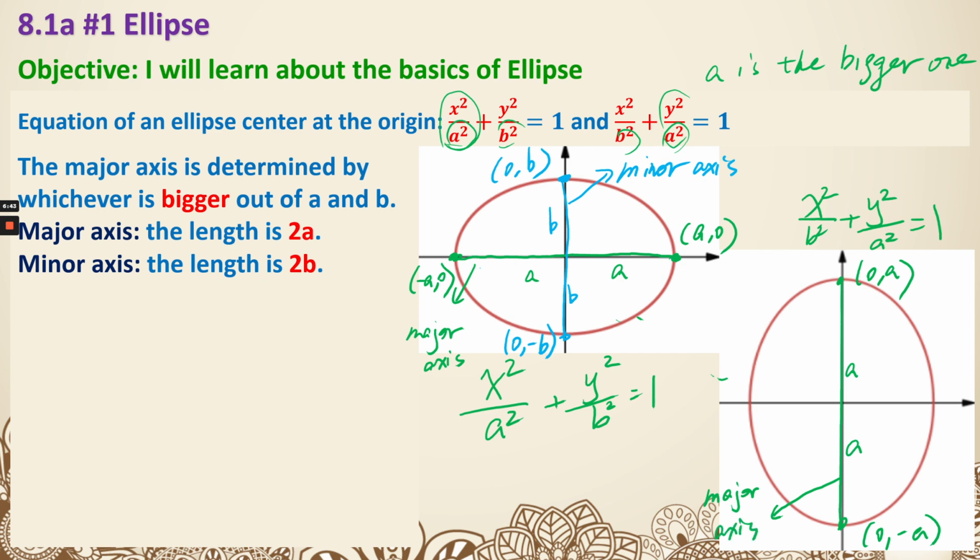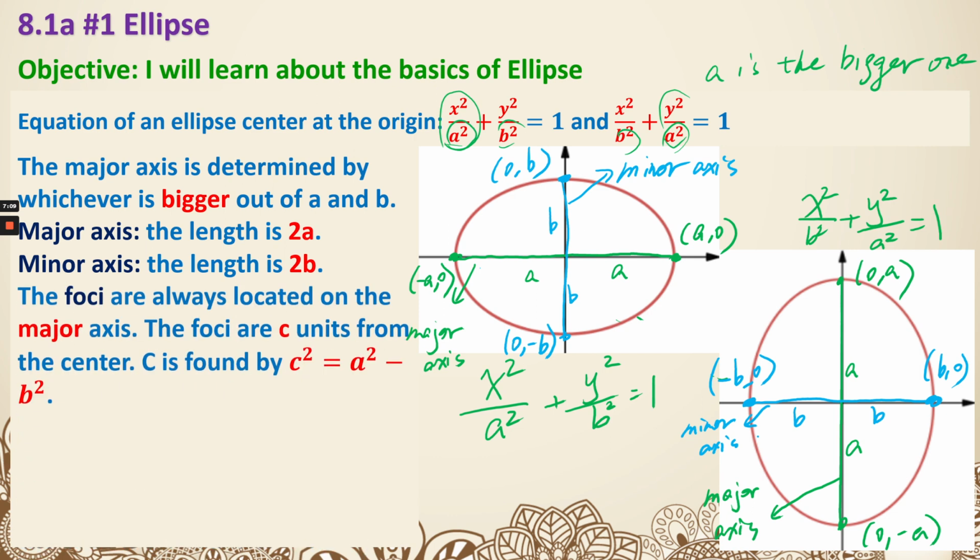Then, of course, the shorter one would be our minor axis. So from left to right, the length is b and b, so that gives us the points (b, 0) and (negative b, 0). So this axis would be the minor axis. That's why the total length is adding up to b and b, so 2b.